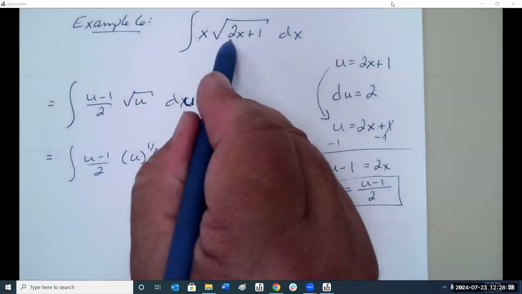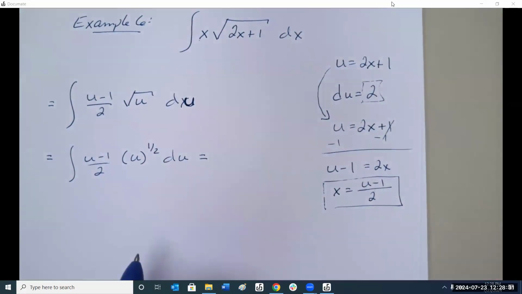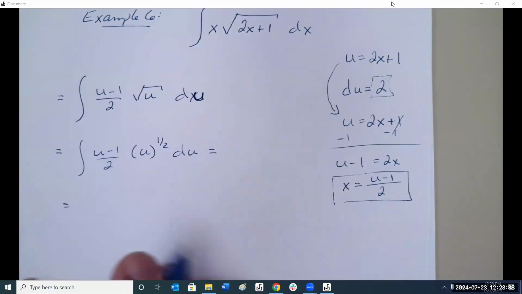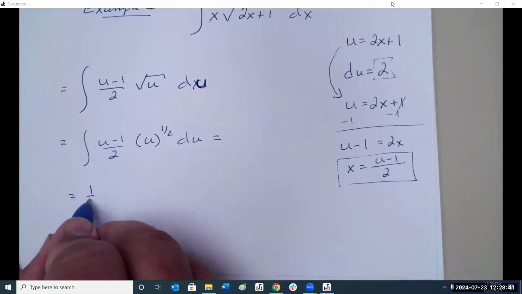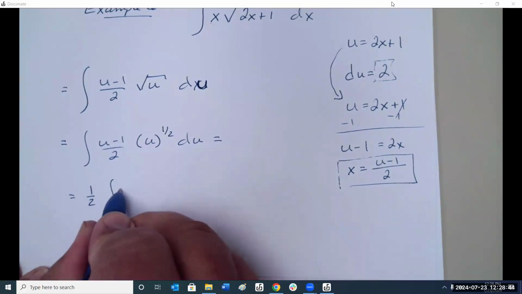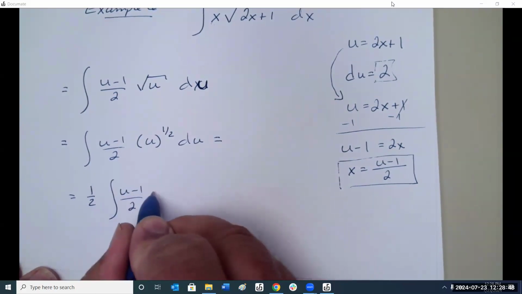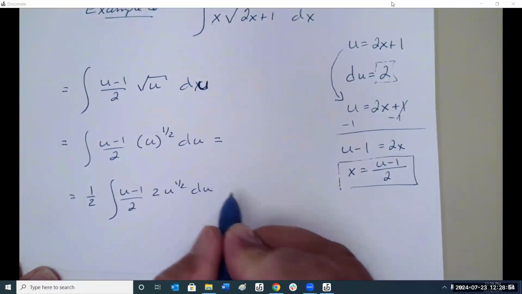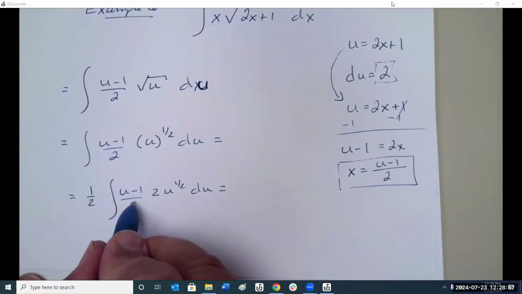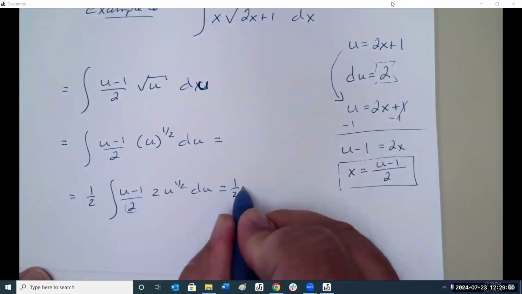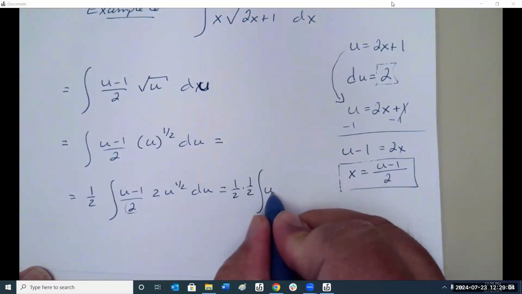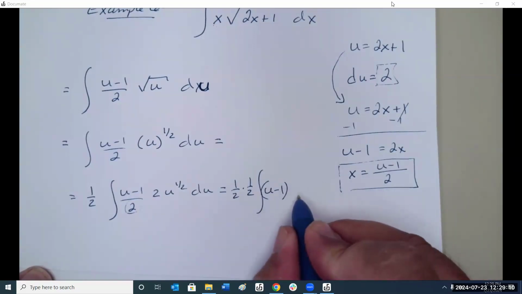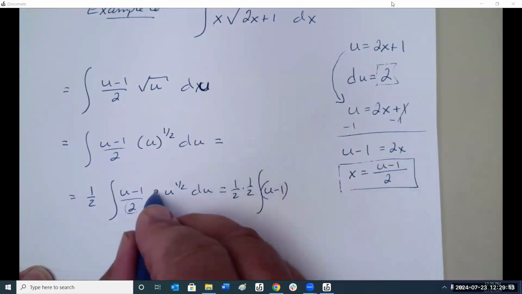We still need, for the integral inside here, the du. This denominator comes out, so we have 1/2 times 1/2, u minus 1. And that takes care of that.